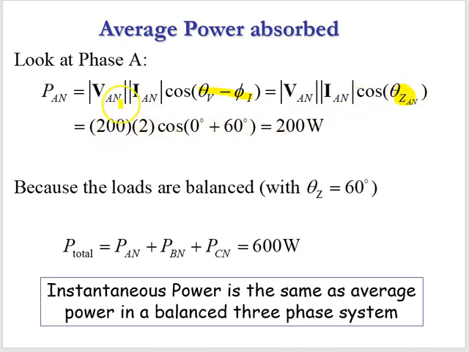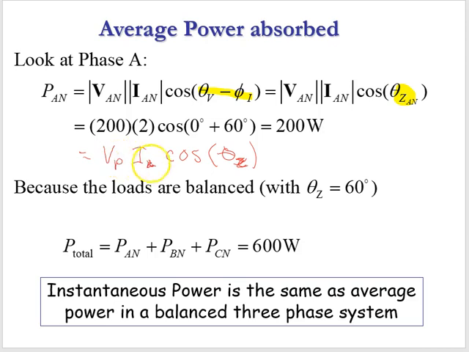So what this ends up being is equal to VP times IL times the cosine of theta Z, because that's going to be true for every single phase.